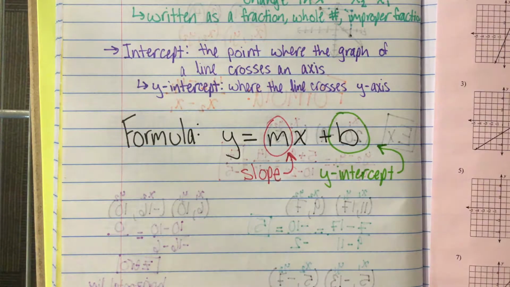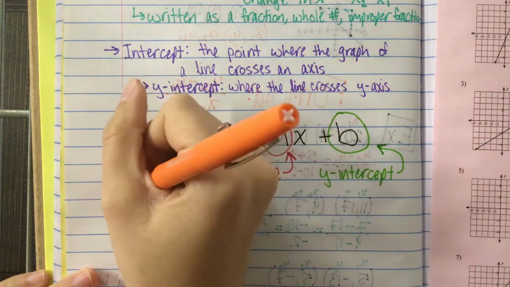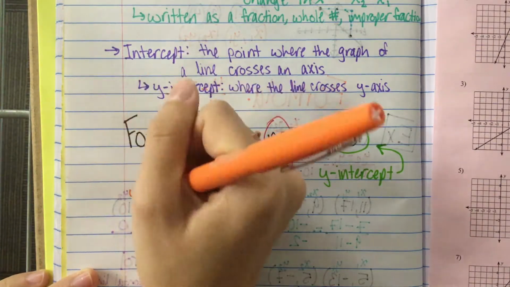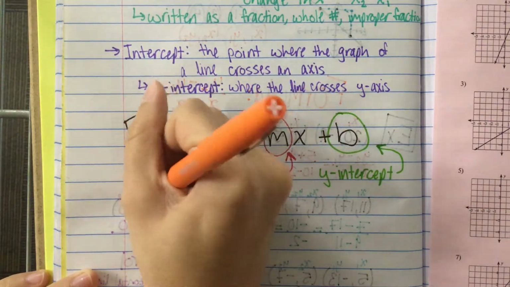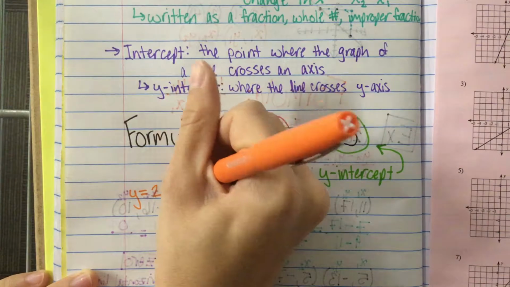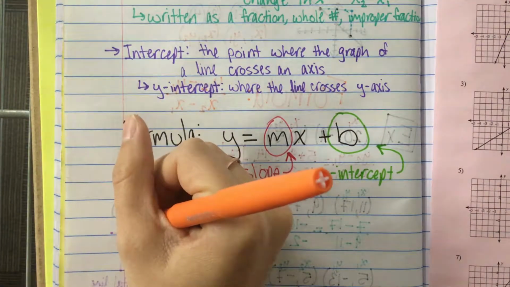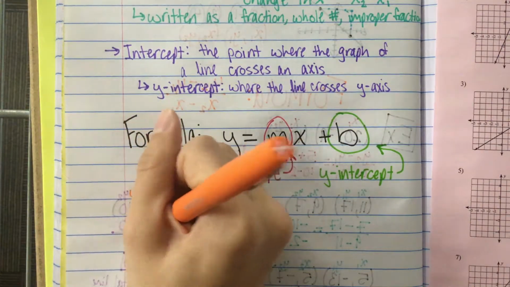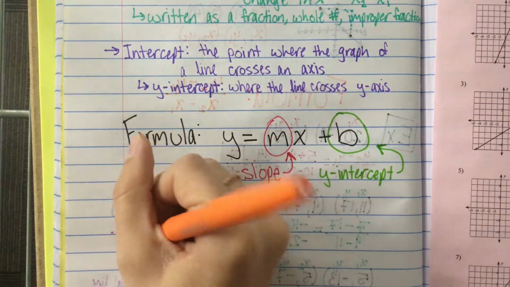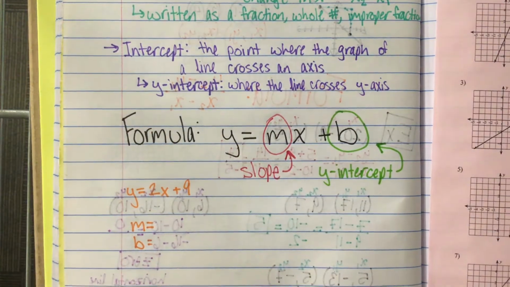Let's practice identifying slope and intercept from a couple equations. Y equals 2x plus 9. We're going to identify our m, which is our slope, and our b value, our y-intercept.